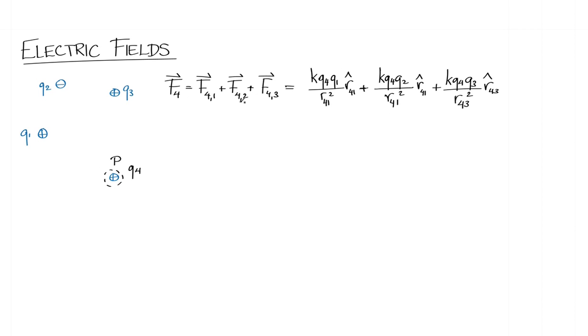And if we wanted to write this out more explicitly, this would basically be the Coulomb's law form for this force here, and then the middle one for F2 on 4, and the third one for F3 on 4. All right, so that's all well and good, but what if we decide we want to change the value of Q4? Okay?